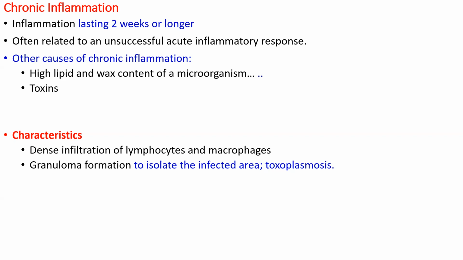Sometimes there are microorganisms that are able to survive inside the macrophage, like in leprosy, syphilis, and brucellosis. Other causes are toxins or chemicals, particulate matter, or physical irritants, like inhaled dust with splinters.